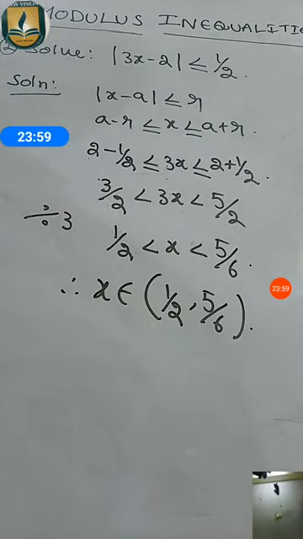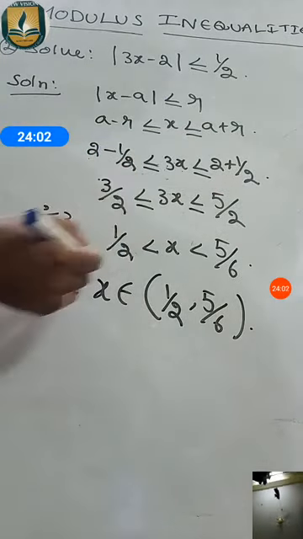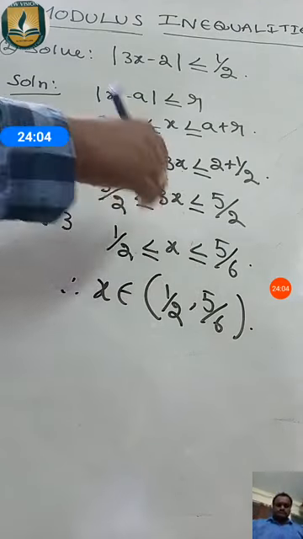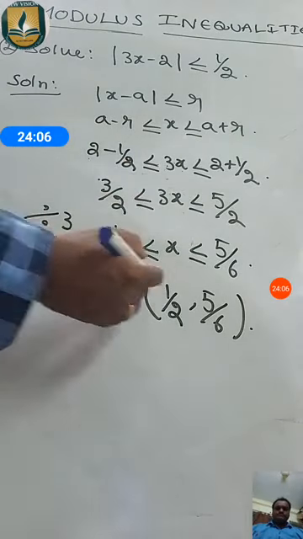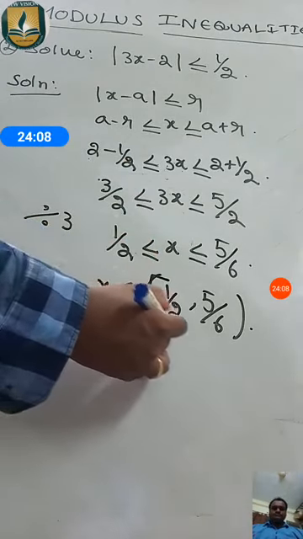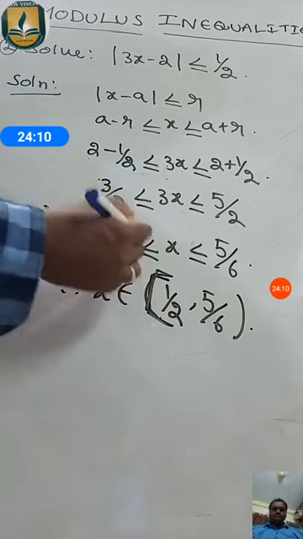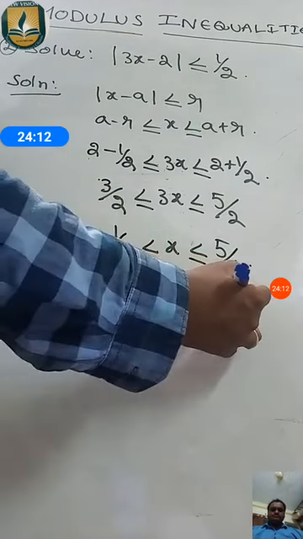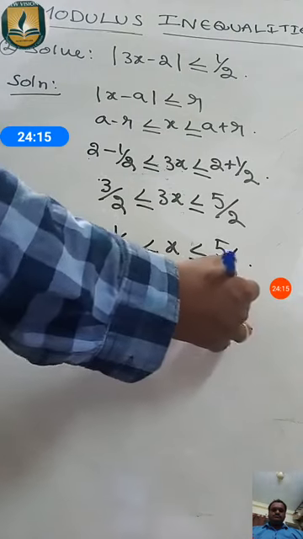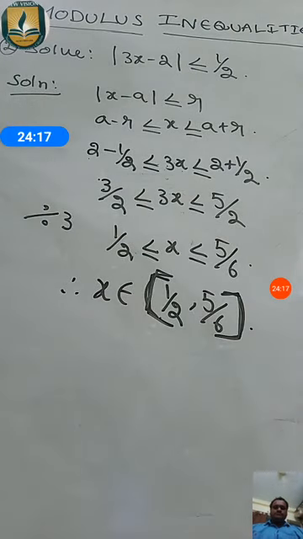Now these open intervals become closed intervals, because these end points are now included. When the equal symbol is there, this is the solution set we are going to get.